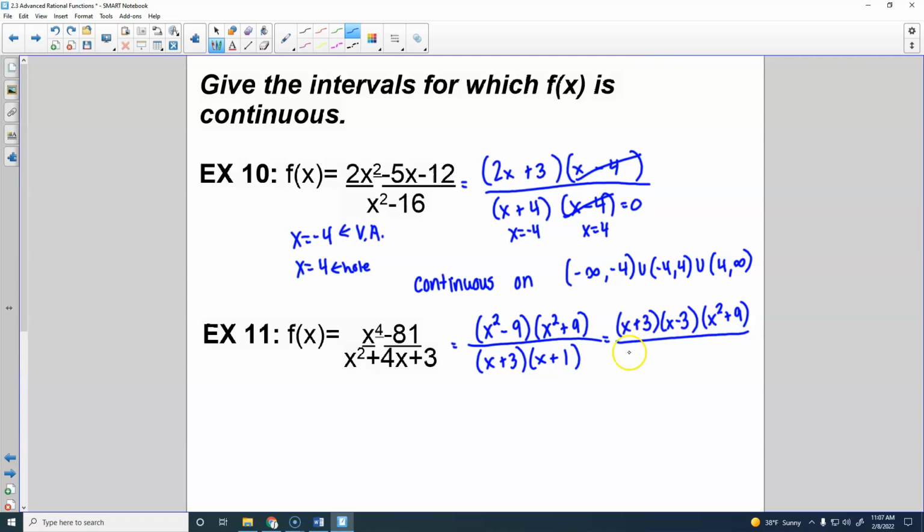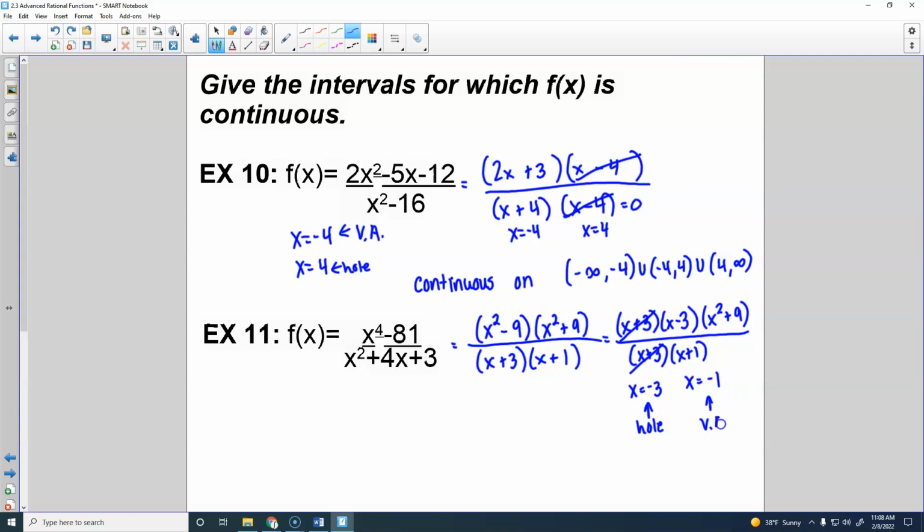So it would look like this. My denominator is x plus 3, x plus 1. And so those x plus 3's are going to cancel. So I'll get x equals negative 3 and x equals negative 1. Now, it doesn't ask this, but just for extra practice, this is a hole in the graph right here.